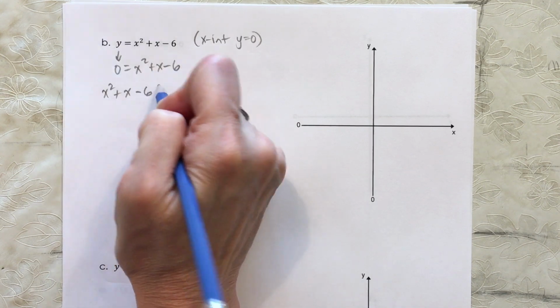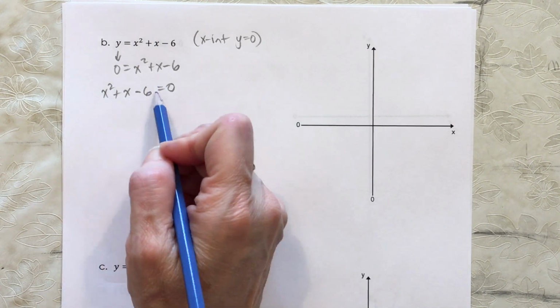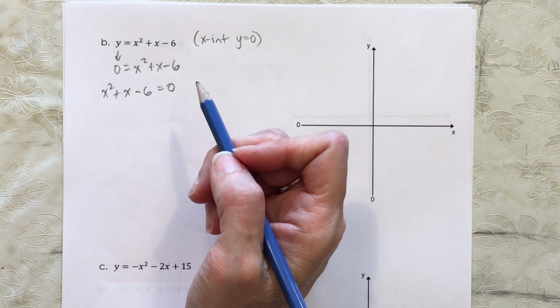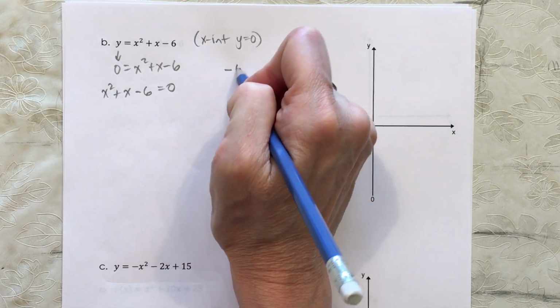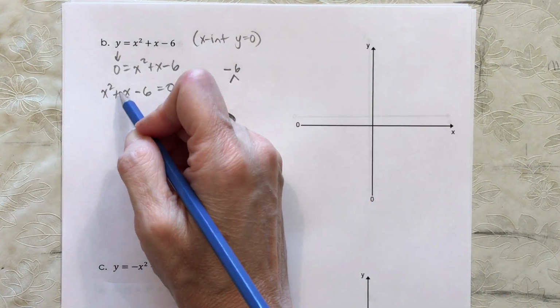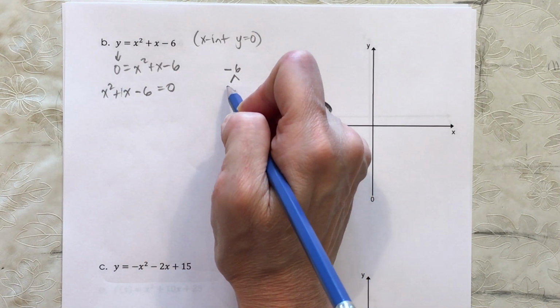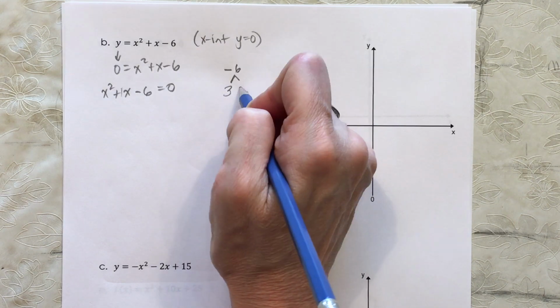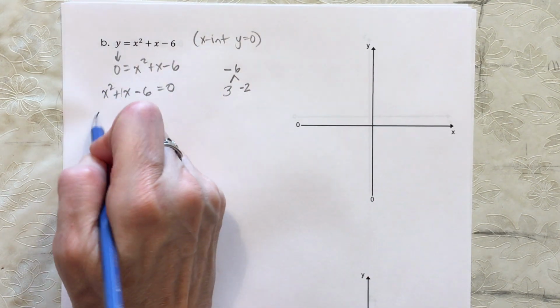A lot of people like to turn it around so that 0 is on the right side. Then we want to look on the left side and see what type of factoring is involved. Again, we have a simple trinomial, so we need numbers that multiply to -6 and add to +1 in this case. So those numbers are going to be 3 and -2. They multiply to -6, add to +1.